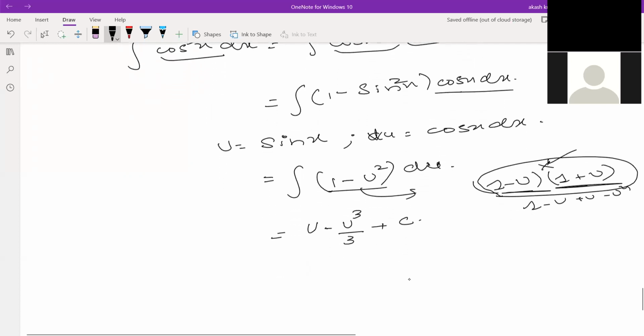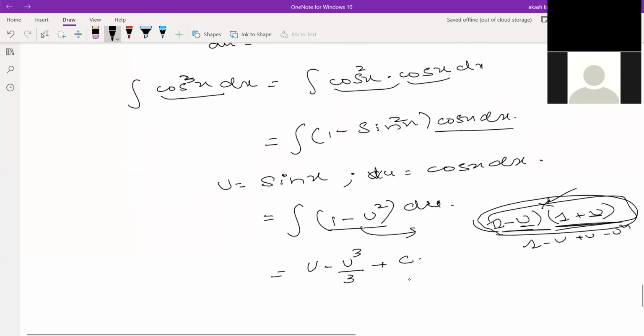Even in integration, if the two functions are multiplied and they have the same constant or same power, then you can just multiply them to make it easier for you. So it becomes the integral of 1 minus u squared du. 1 becomes u and u square becomes u cube over 3 plus c. Now we have to substitute again.